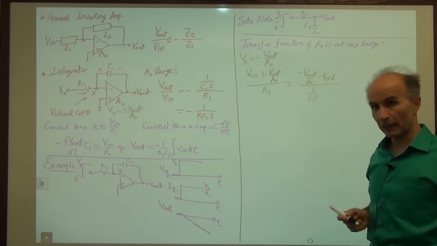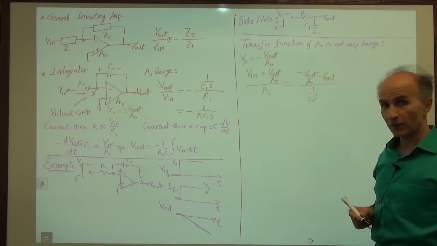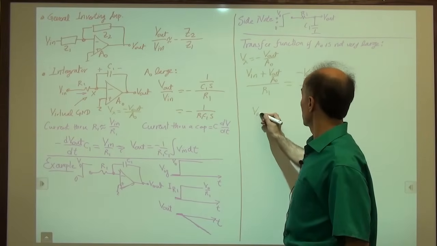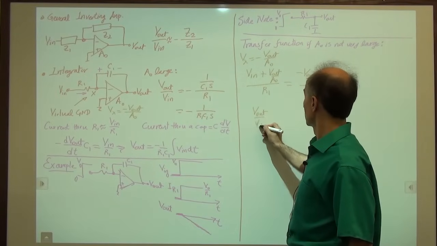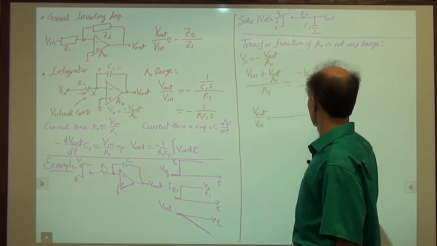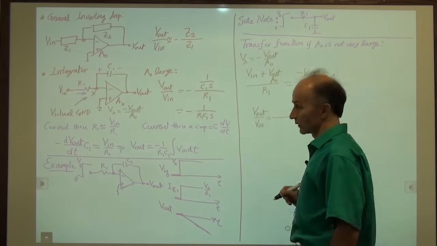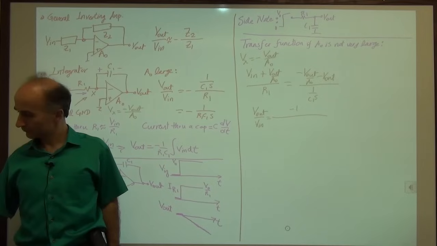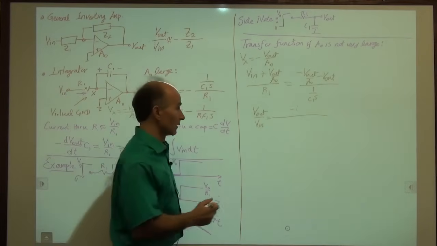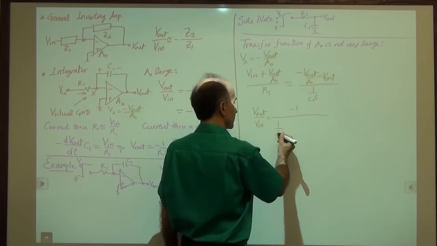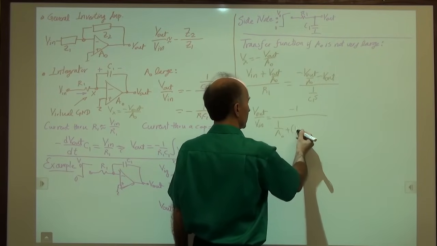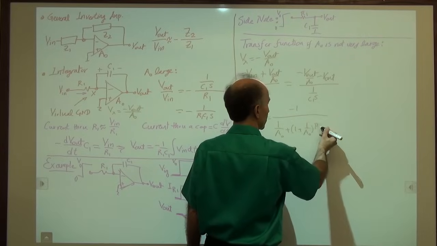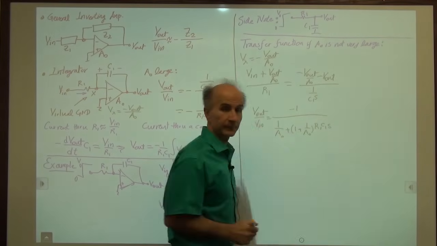So we just have to find V out over V in. That is the transfer function in the general case. So you find V out over V in. It comes out to be minus 1 over, let's see what I have here, 1 over A0 plus 1 over A0 R1 C1s.